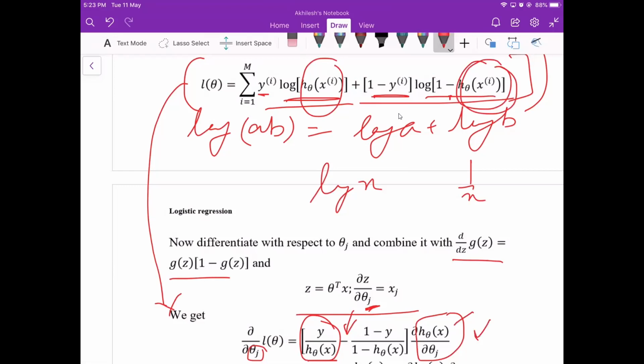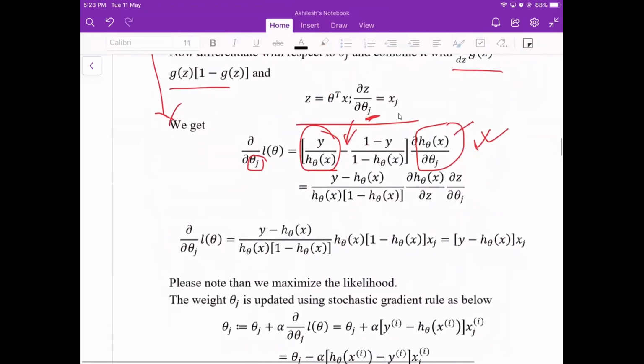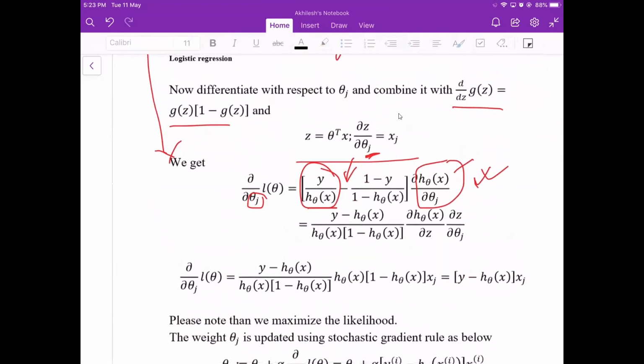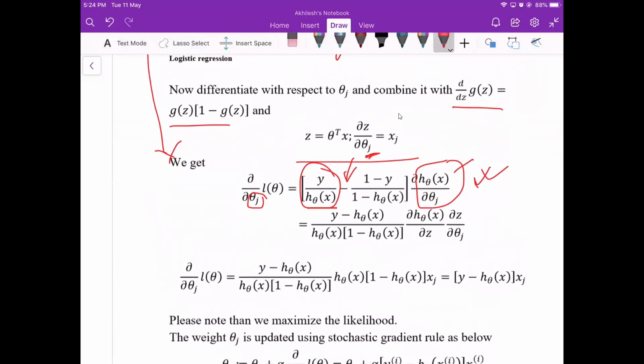So finally we have this expression. Here we'll put some of the variables which we have already derived. When we simplify this bracket, it would be this one.